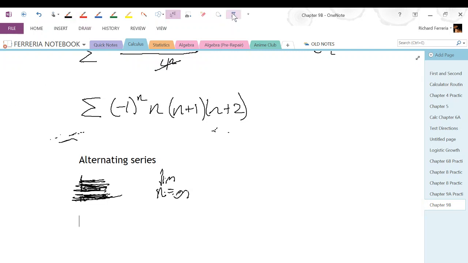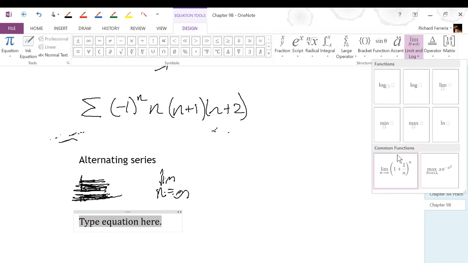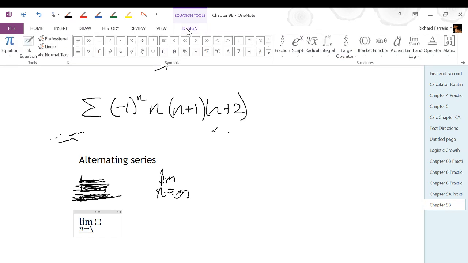The limit... Do you see limit there? Here we go, limit. The limit as n approaches infinity. How do you put an infinity here?